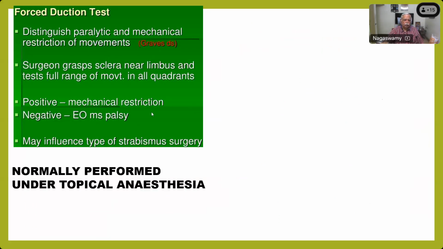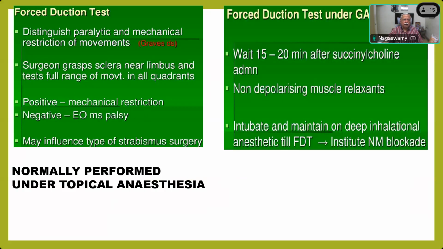It is normally performed under topical anesthesia in adults, but under GA, wait for 20 minutes if you are using succinylcholine, because the muscle will still not be responding in the correct way. So non-depolarizing muscle relaxants can be given.